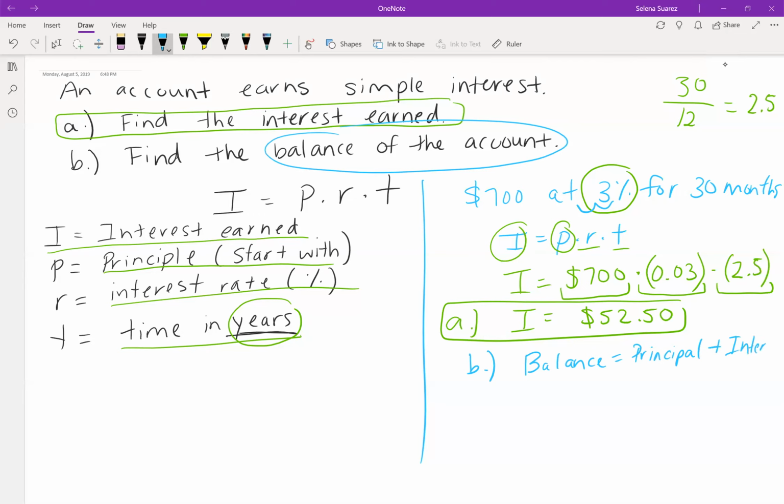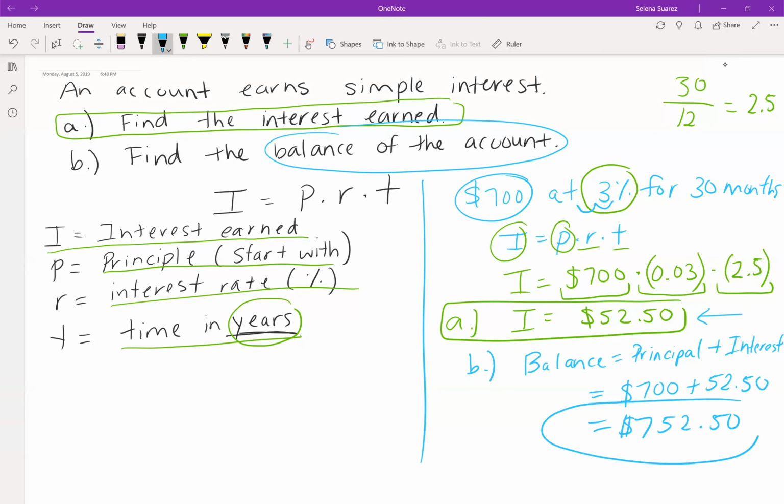The principal is what you started with, so that would be the 700 that I have over here. So 700 plus the interest, which we already solved for. The interest is 52.50, which means that if you add these two numbers together, the total would be $752.50. That would be the answer for part B, the balance of the account.